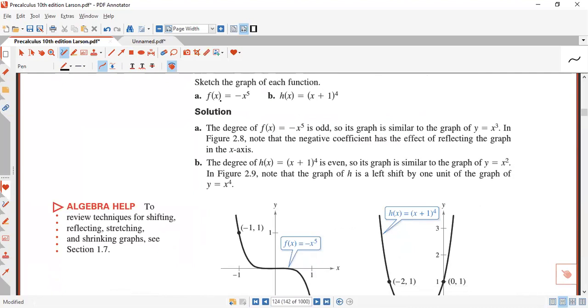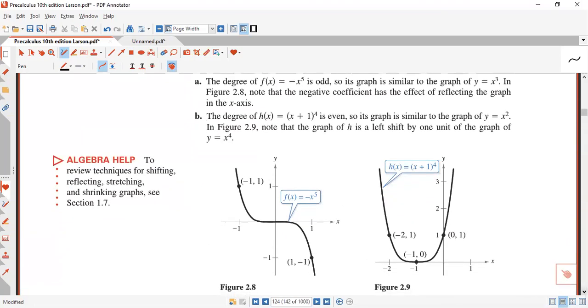This is the property of even power. And what about odd? For odd, we may get both, sometimes positive and sometimes negative. And another thing you may also notice is increasing or decreasing function.